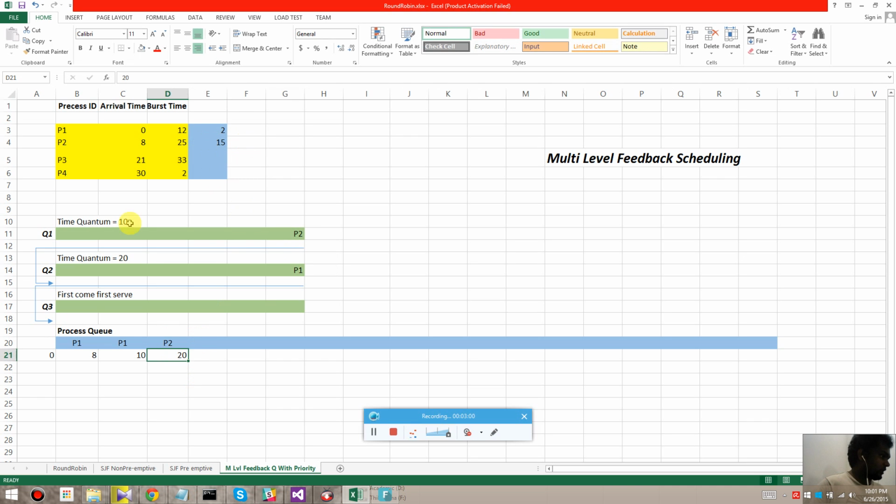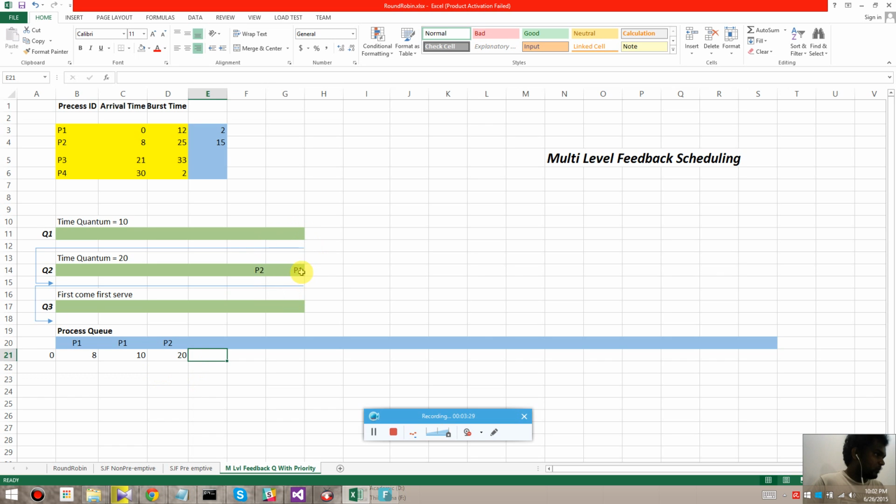By time 20 there are no newcomers, and P2 expires because it used the full time quantum, so I have to move P2 from Q1 to Q2. I'll copy this one here and make this empty.